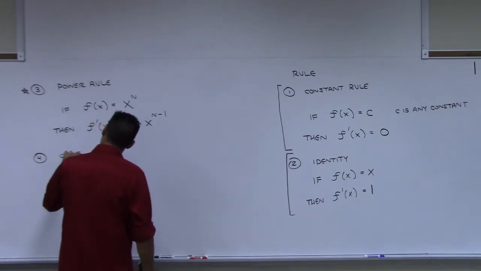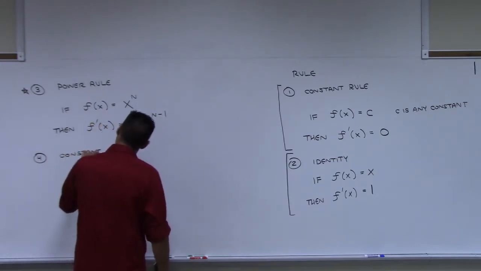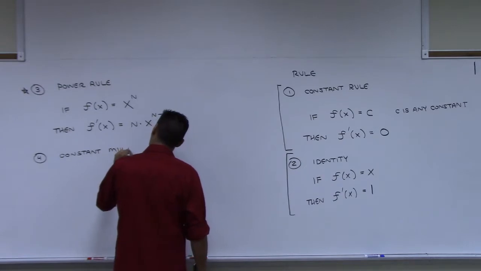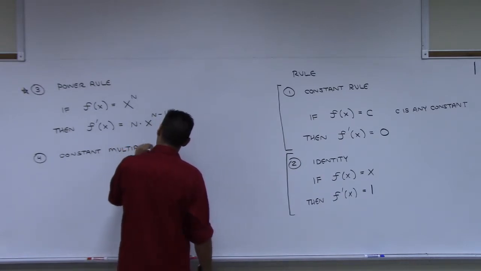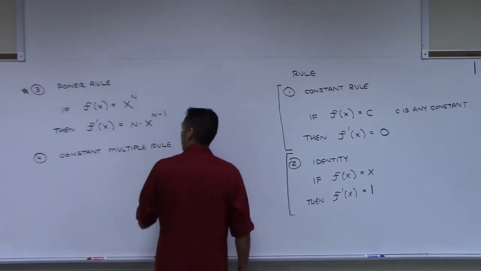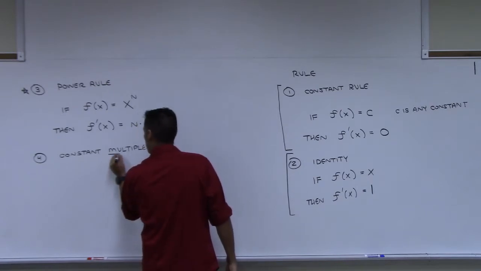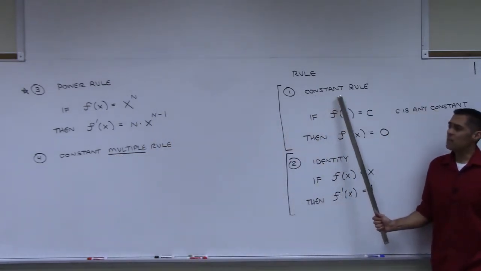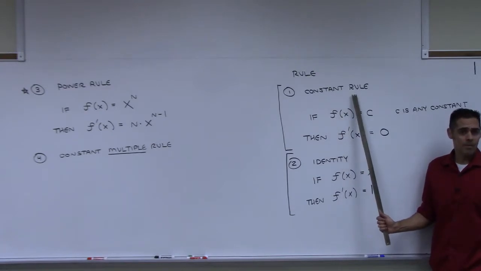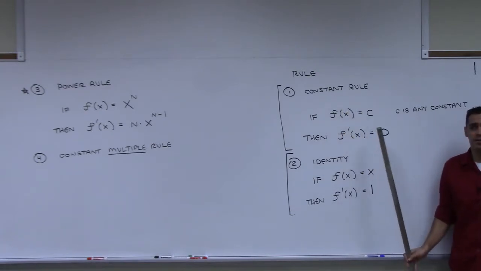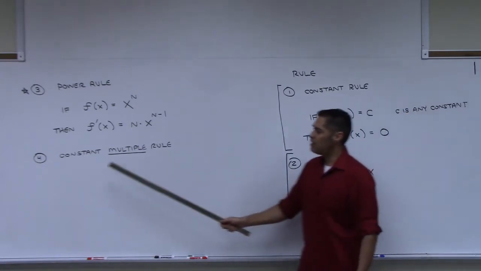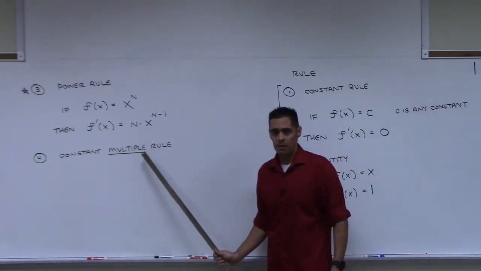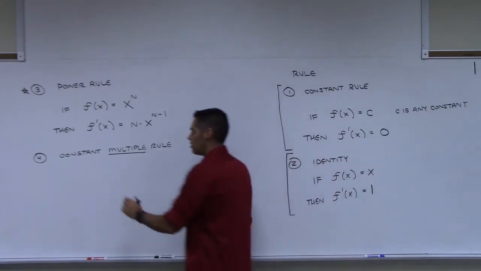The constant multiple rule. Okay, so be careful here. Our first rule was the constant rule, right? And we said the derivative of a constant was 0. This is the constant multiple rule. It's different, so let me show you how this works.